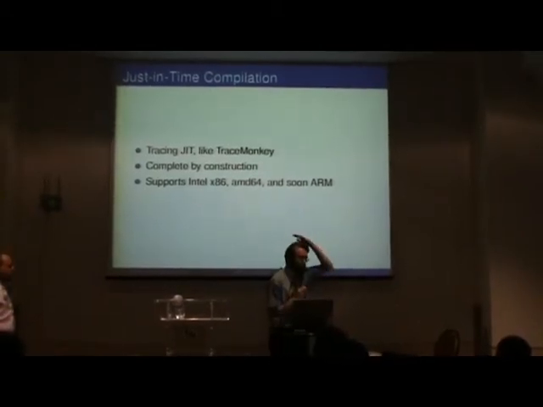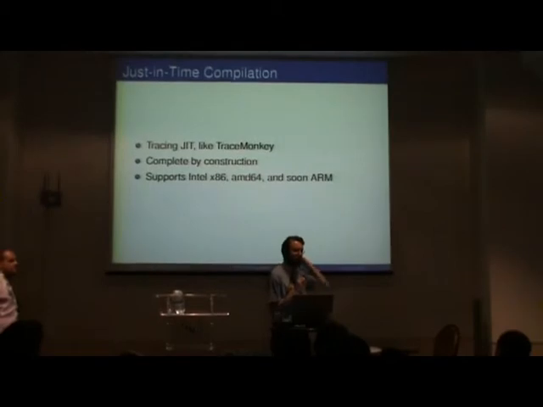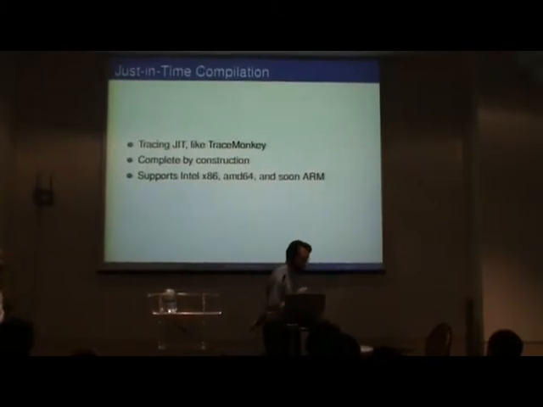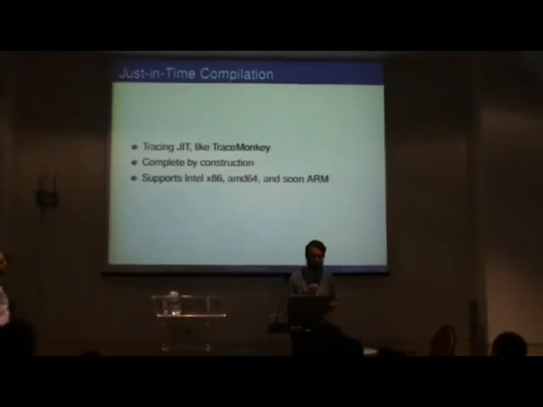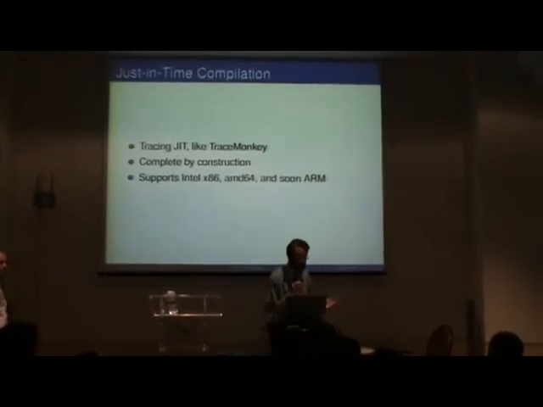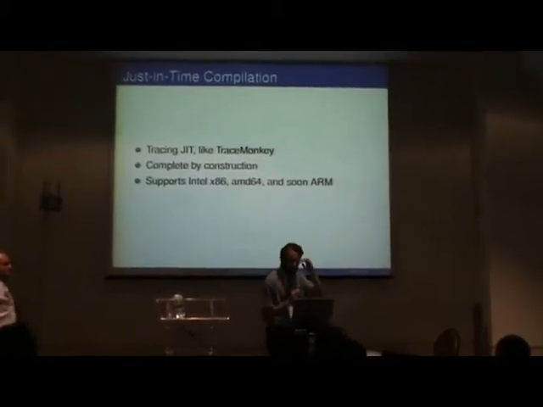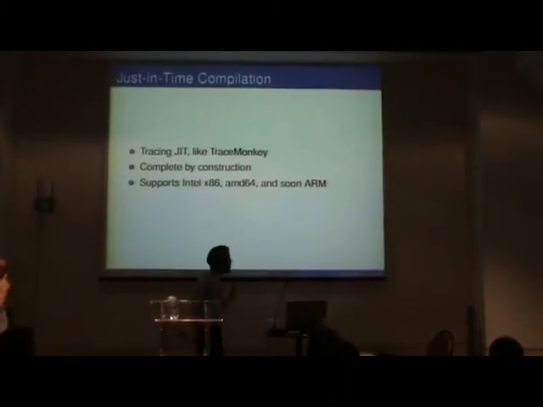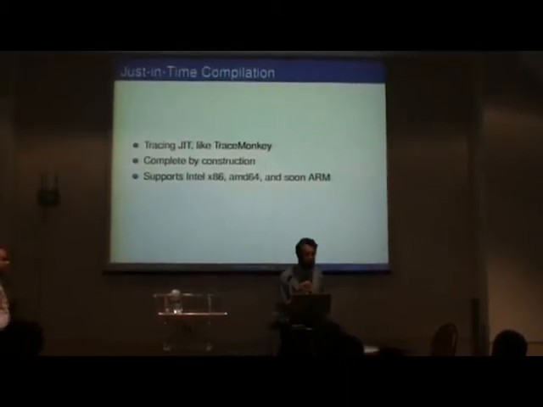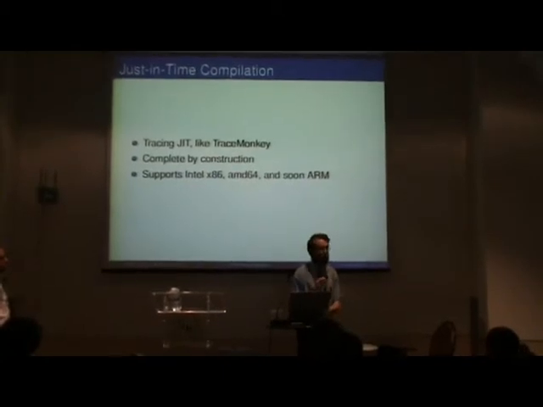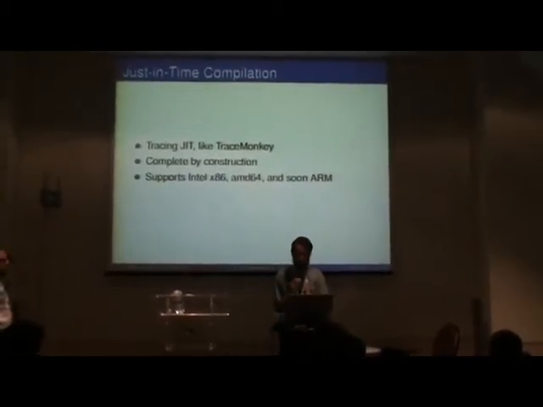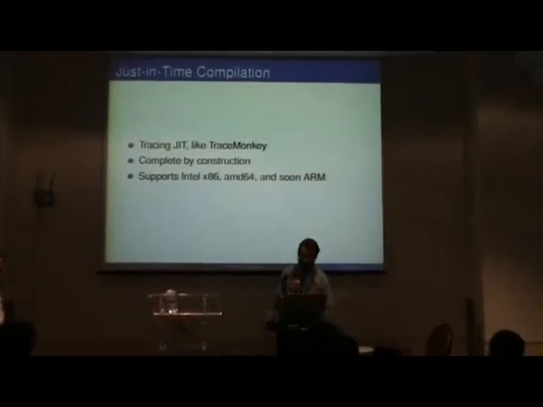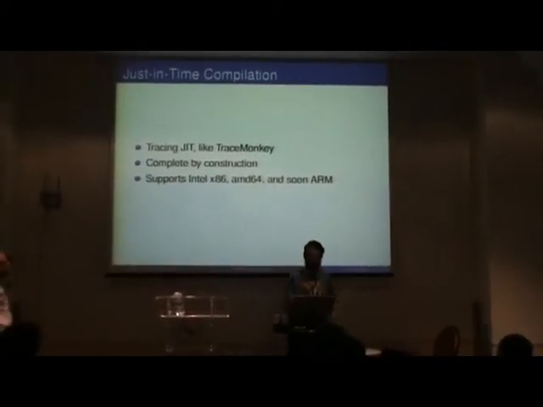So we'll show in particular during the second half of the training tomorrow how you can actually write such an interpreter and get a just-in-time compiler for it for free, basically. And well, its just-in-time compiler supports Intel 32 and 64-bit platforms and ARM. I think the "soon" should be crossed out by now. I mean, it really supports ARM.